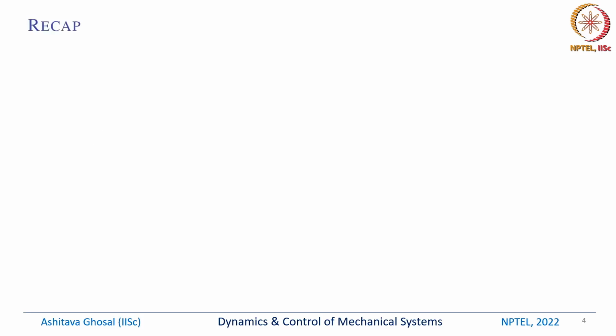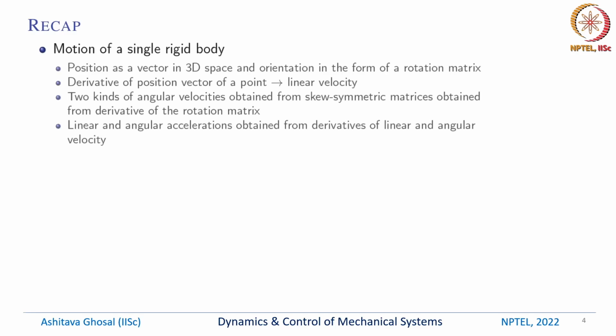So to recapitulate, in the last week, we looked at the motion of a single rigid body in 3D space. We looked at the position as a vector in 3D space and the orientation of a rigid body in the form of a rotation matrix. The derivative of the position vector of a point on the rigid body leads to this notion of linear velocity.